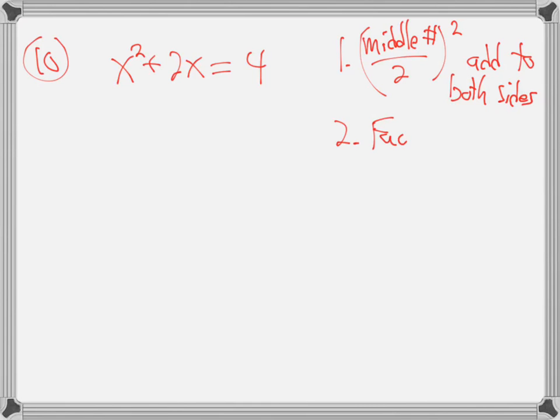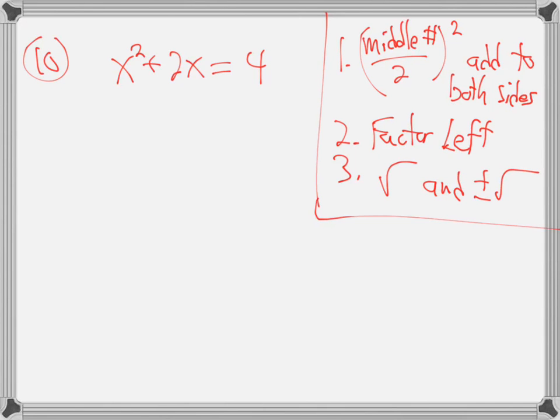And then step 2, factor the left. Step 3, root and plus or minus root. So this is the process. This is the completing the square process.